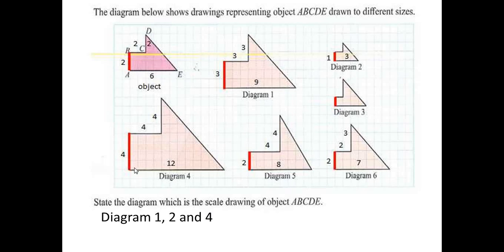This length is 4, 4, 4, and this is 4 and 12, right? We put it into ratio, you're going to have 1 is to 3. How about diagram 5? 2, 4, 4. These are not proportional with the object, right? The same thing for diagram 6: 2, 2, 3. So the answer is diagram 1, 2, and 4.